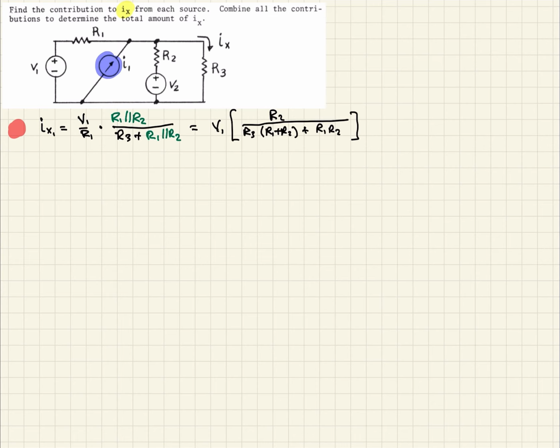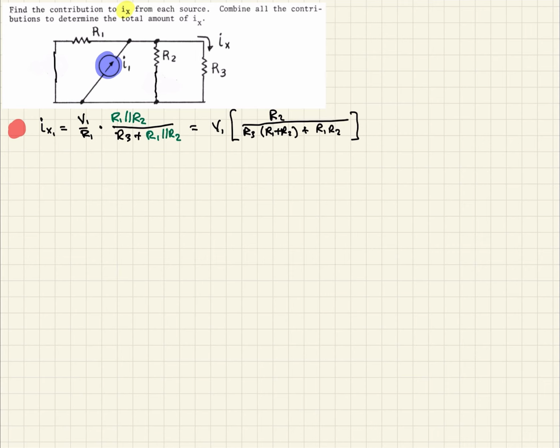So again, remember, when we pick our source, any other voltage sources, we short out. Current sources, we open circuit. So in this case, we have two voltage sources. So we will short both of these guys out. So V1 and V2 will go away, and we replace those with a short circuit. So now this is our new circuit.